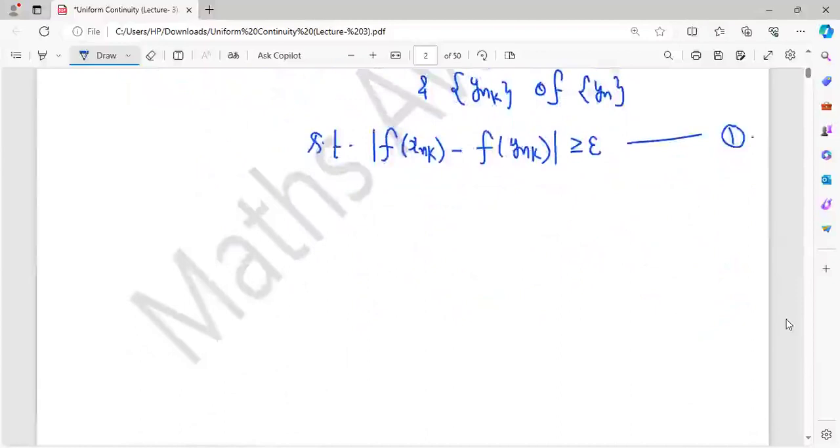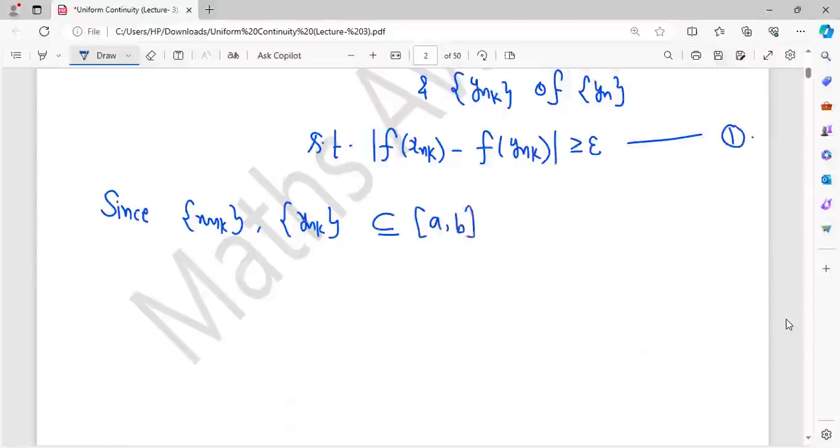Now, since xnk and ynk are both in the closed interval [a, b], the closed interval [a, b] is a compact set in R. What is the speciality of a compact set in R? If you take any sequence in a compact set in R, it always has a convergent subsequence.